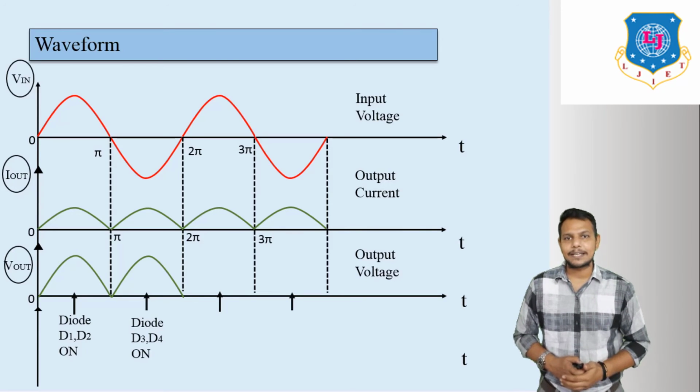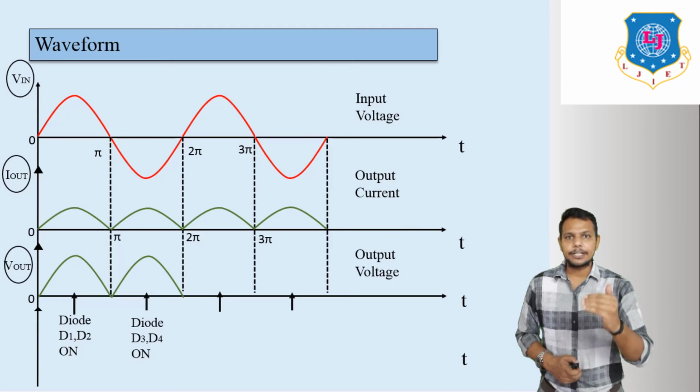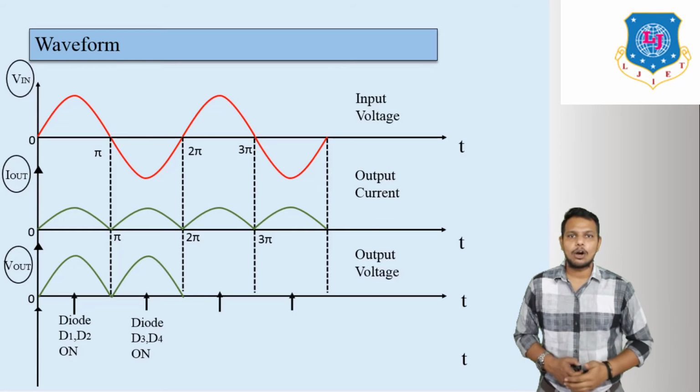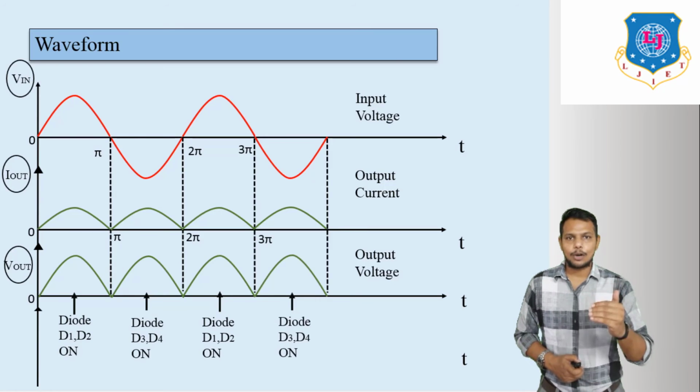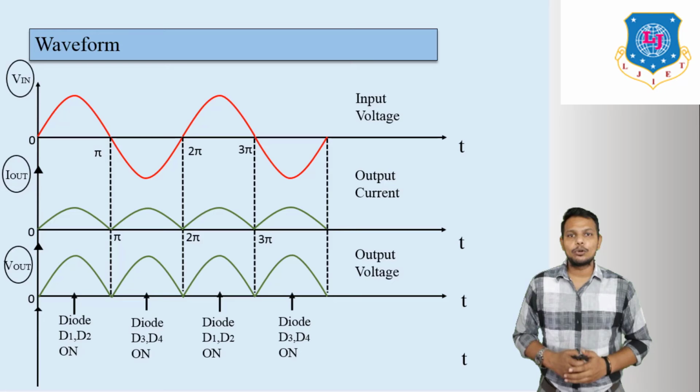For the second half cycle, D3 and D4 are on, whereas D1 and D2 are off. Similarly here, and for the last half cycle, diodes D3 and D4 are on, and D1 and D2 are off.